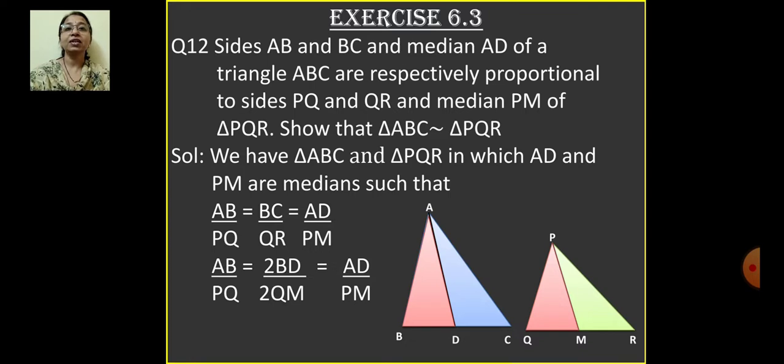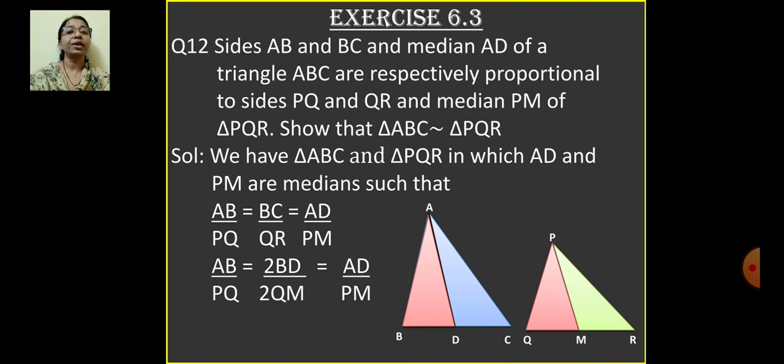Now what is the meaning of median? A median is a line segment joining the vertex of a triangle with the midpoint of the opposite side. So here AD is the median. In this triangle PM is the median, right?